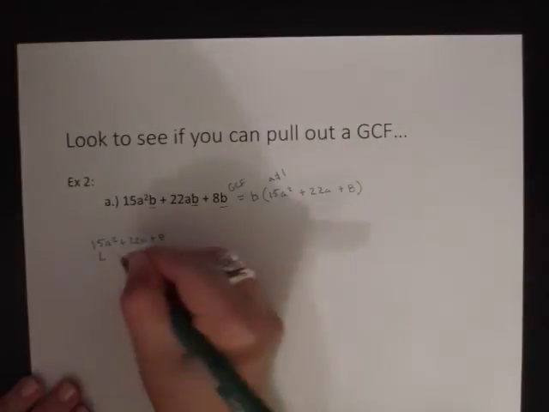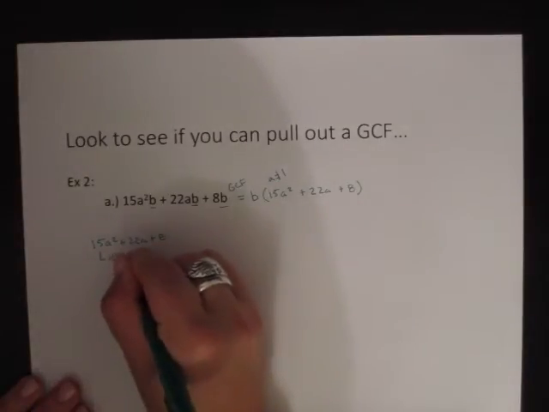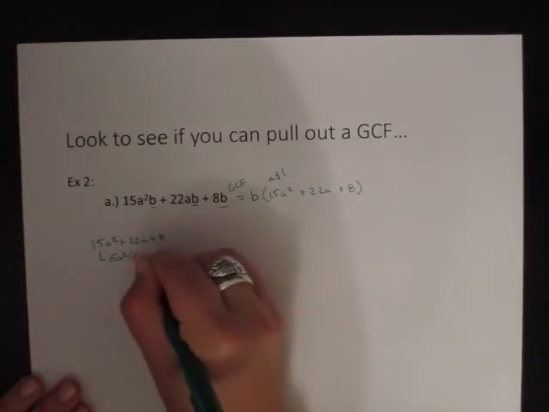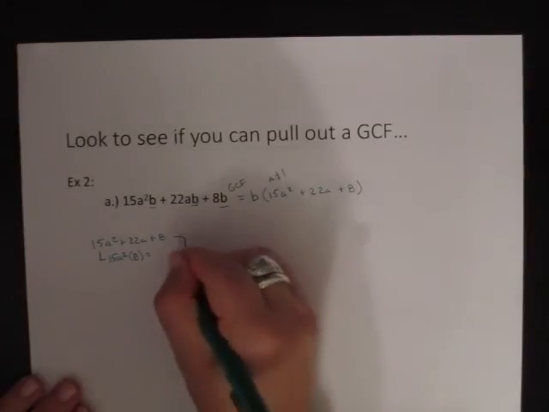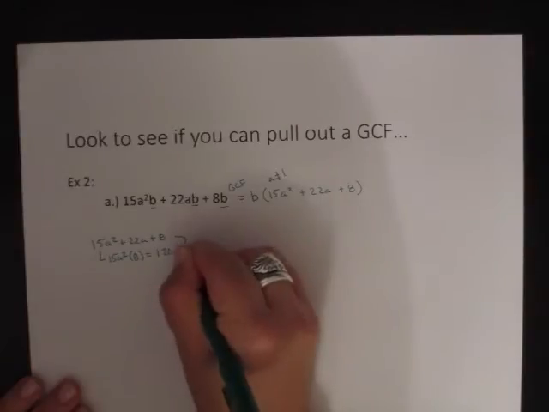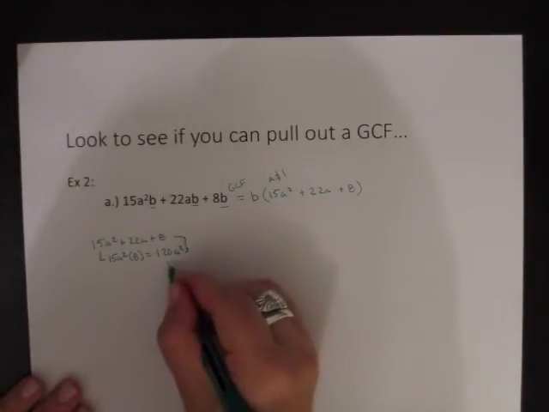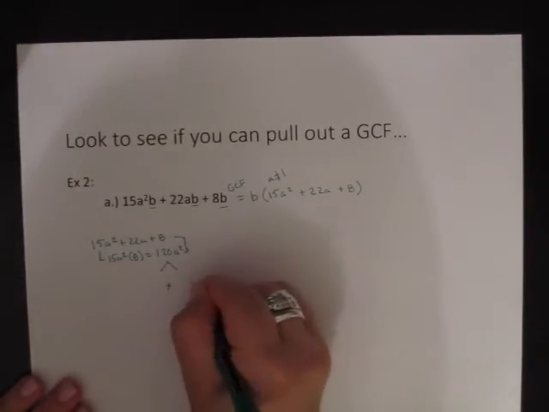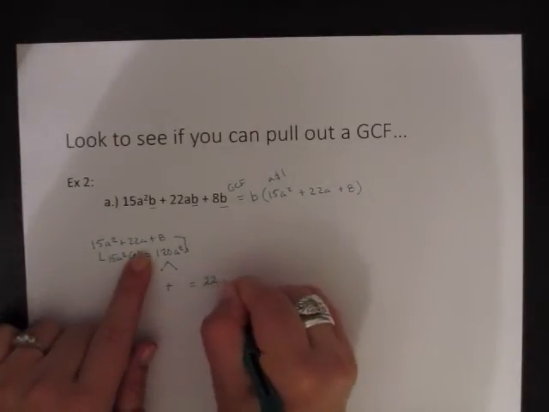I first do a times c, so this would be 15a squared times 8, which is going to be a bigger number. You're going to end up getting 120a squared. Because it's a positive, I know I'm going to use addition, and I've got to get to my b, which is 22a.